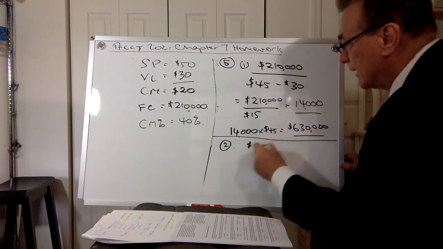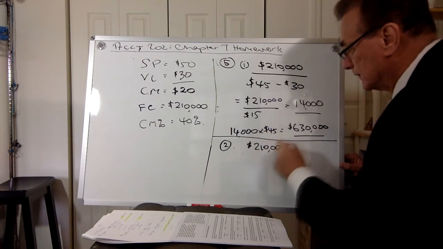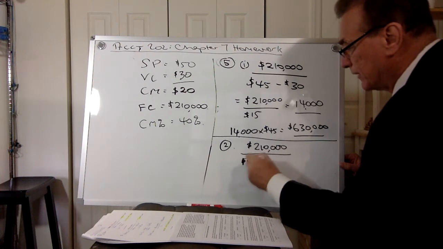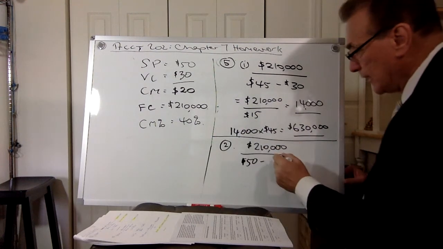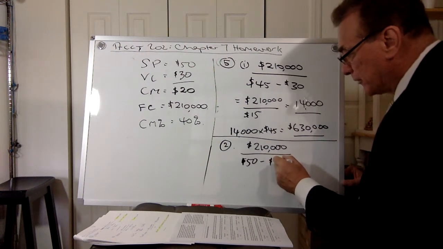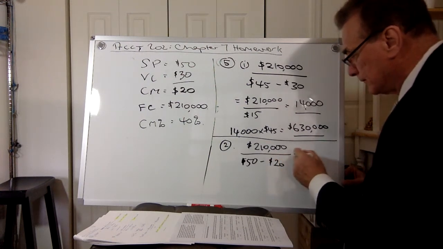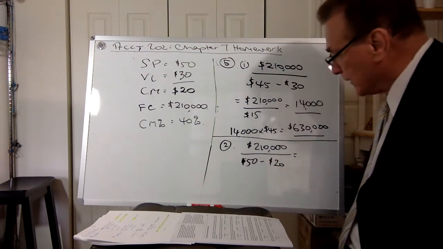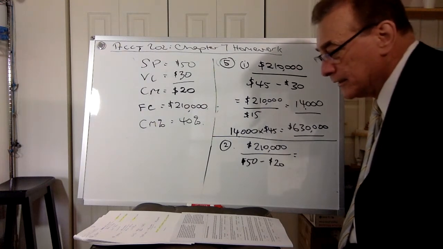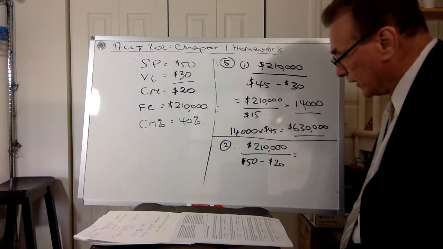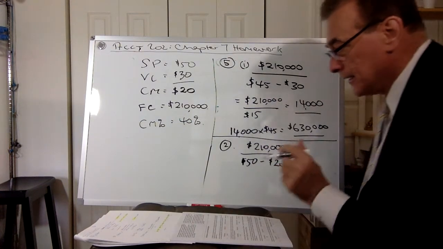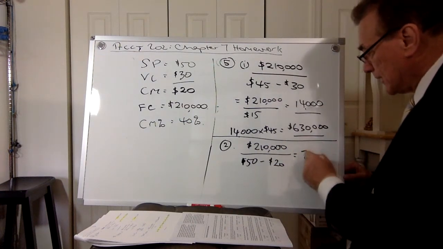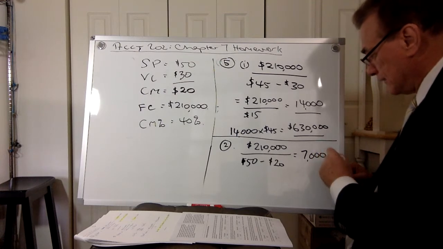So it's now $210,000 fixed cost. We're back to the original $50 for the selling price. The new variable cost is $20. So it's now 210,000 divided by $30, 50 minus 20.